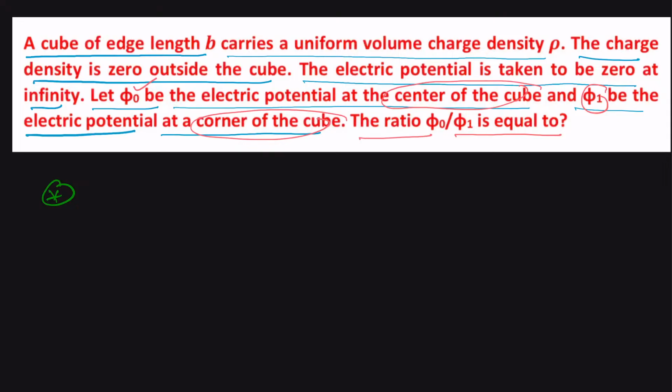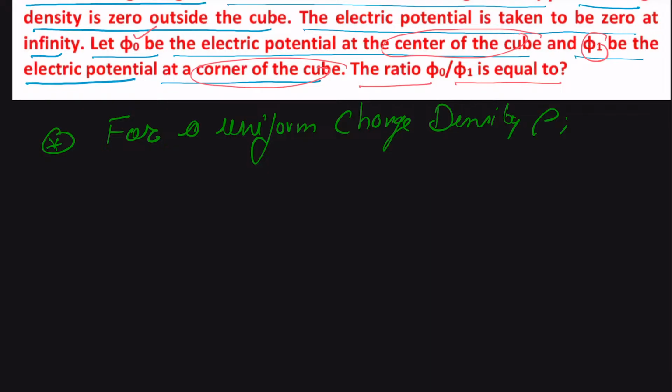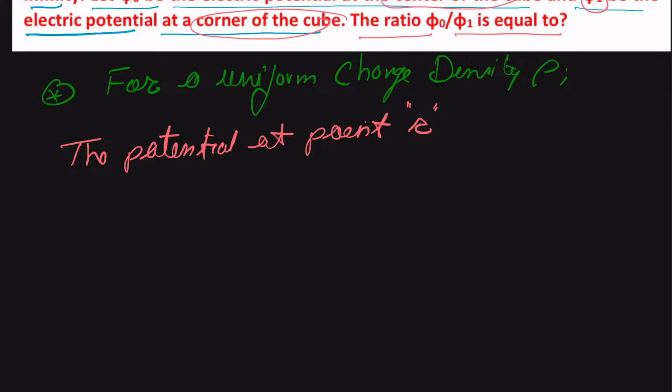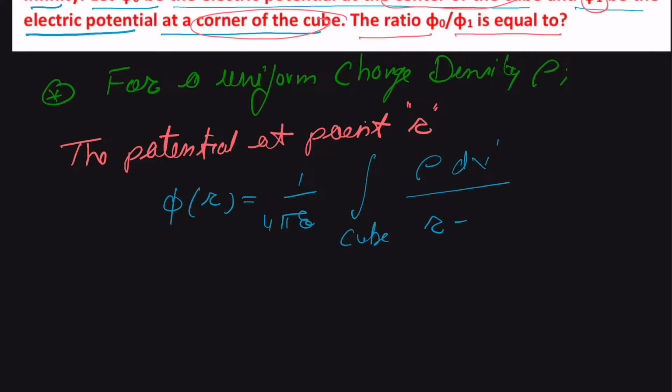So we know that for a uniform charge density rho, the potential at a point r, we can write its general formula: phi of r will be equal to 1 upon 4 pi epsilon naught times the integral, and this integral will be with respect to the cube, because in this particular question we are discussing the cube, of rho times dV prime over the modulus of r minus r prime.